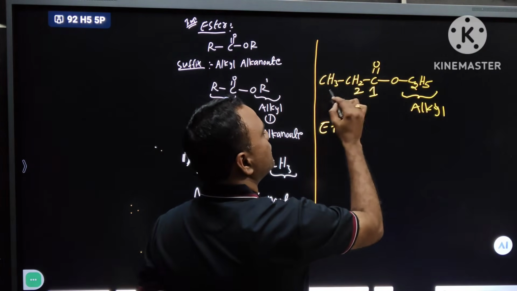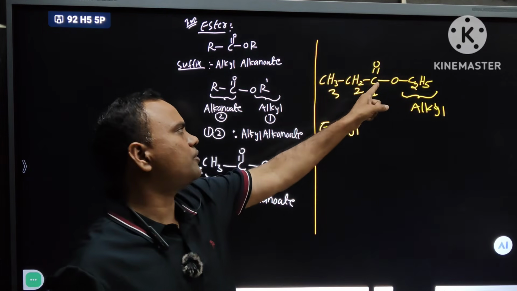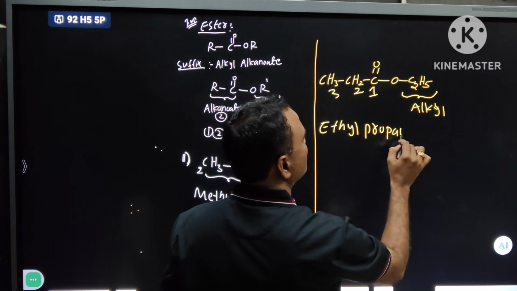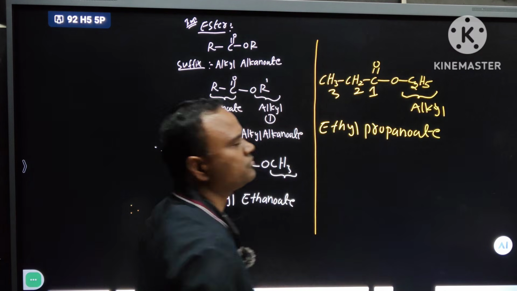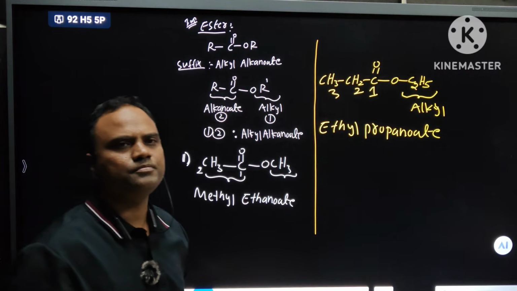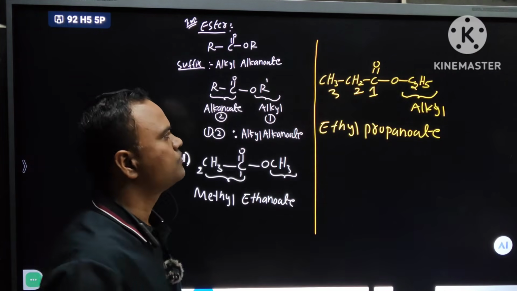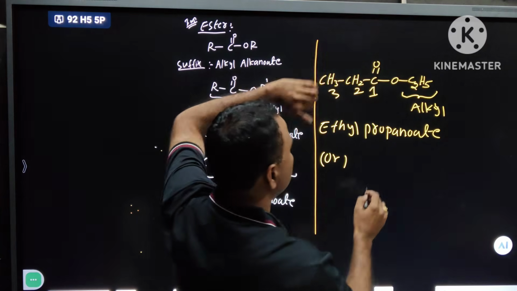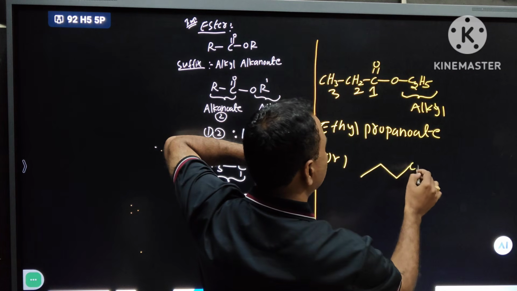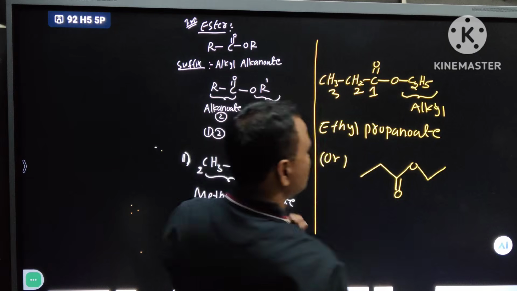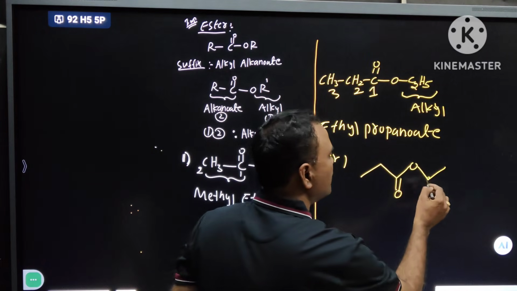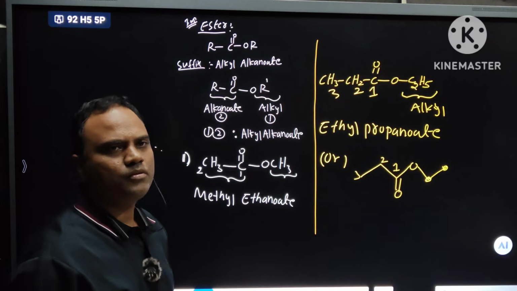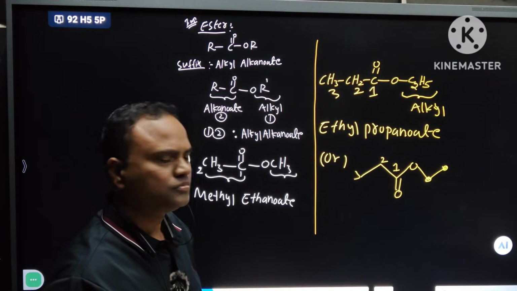How many carbons are there here? Numbering should start from the ester carbonyl carbon in this direction. Propanoate. Very good. Ethyl propanoate. Or I can draw this structure like this also. Both are same only. So this is ethyl 1, 2, 3, propanoate. Ethyl propanoate.